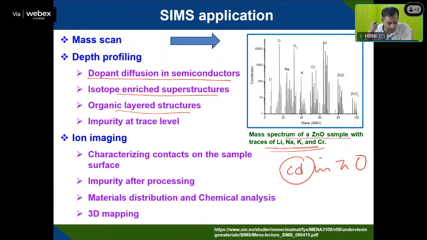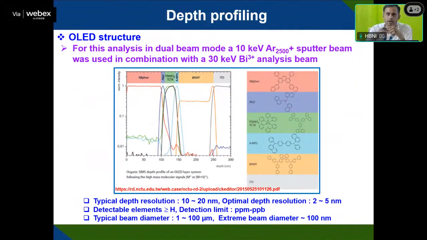You can identify by ion imaging how much impurity is generated after processing, or is there in the material, as well as different material distribution, chemical analysis, and 3D mapping. Once you have the different elemental information, you reconstruct the 3D image using software and are able to find out the material. You can get many different internal features.